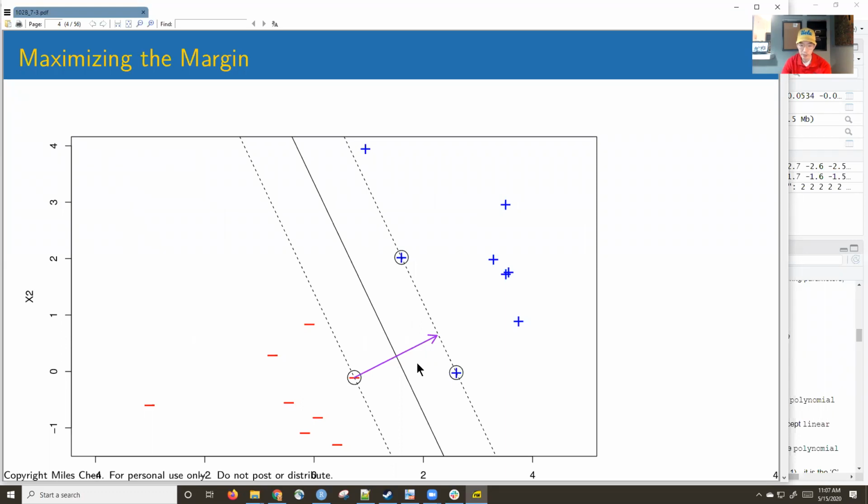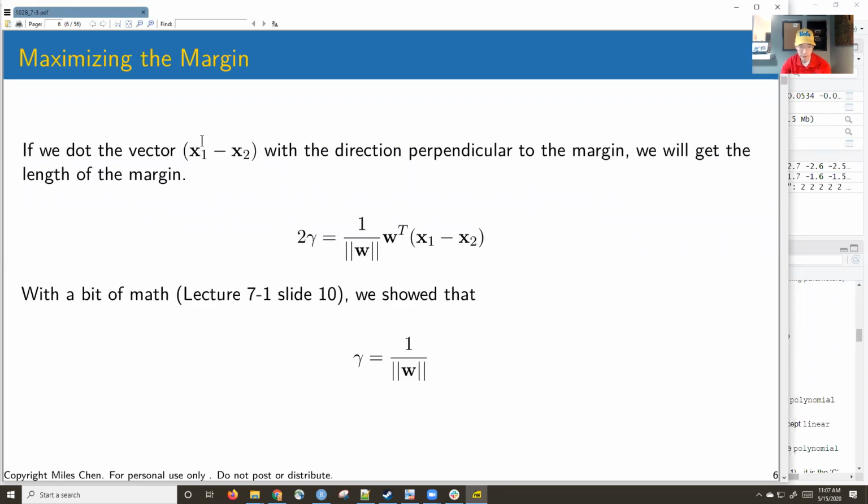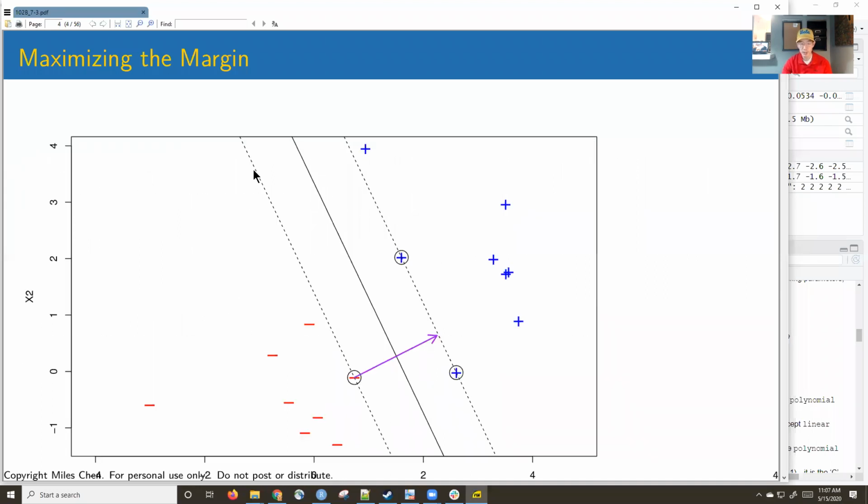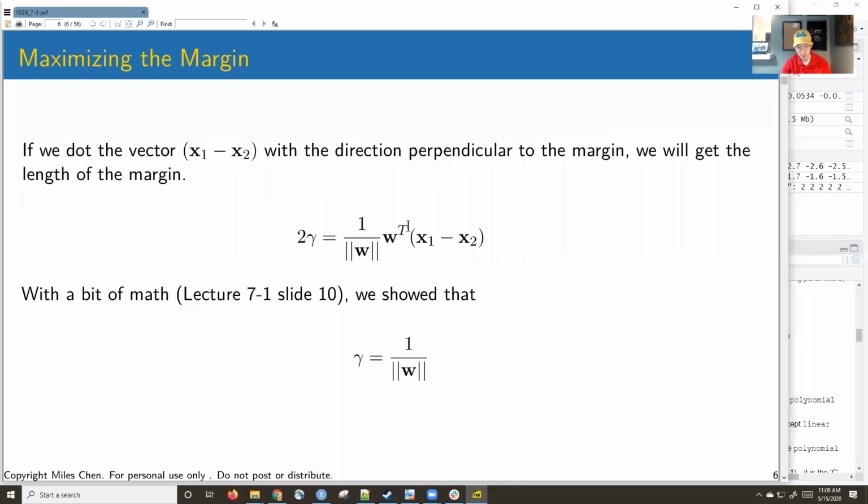And the way we're going to find that is we're going to take the vector x1 minus x2, the vector that joins the 2 closest points from either side, and take the dot product of that with the direction perpendicular to the margin, which is W itself. If we project that vector onto this perpendicular direction, we get this thing.